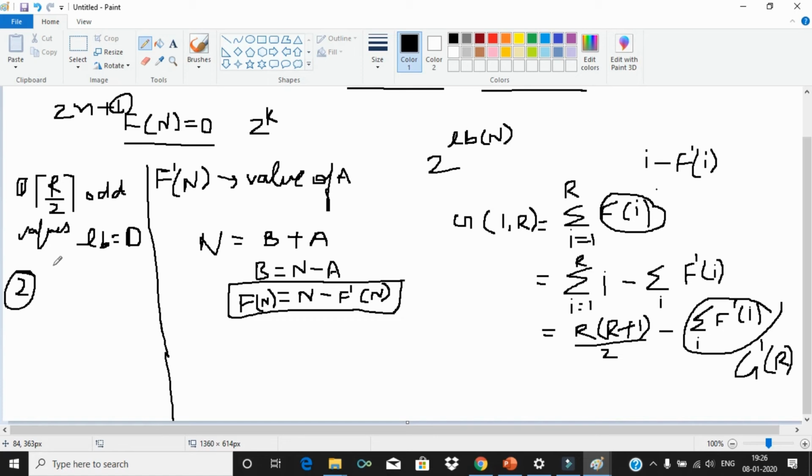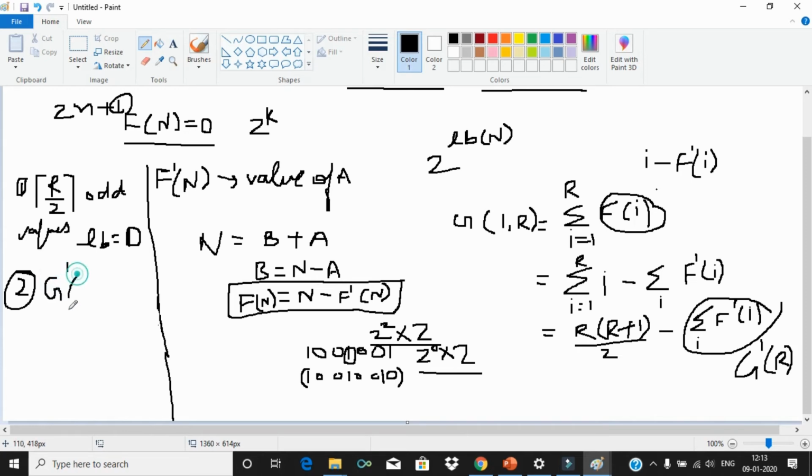Alright, the second thing is that the contribution of even number terms is given by g dash of floor of r by 2, times 2. This is the contribution of even number terms. Why is this so?